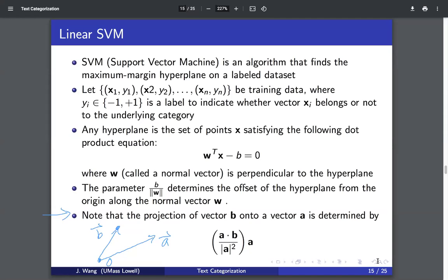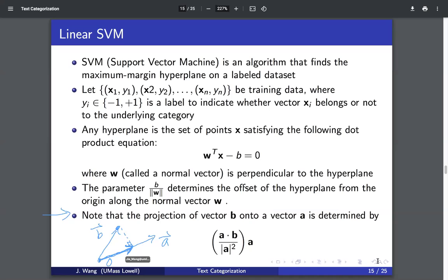Of course, you take a perpendicular view onto this A. So if this one is the projection of B onto A, how do you compute this part?